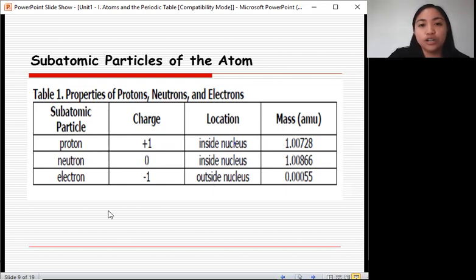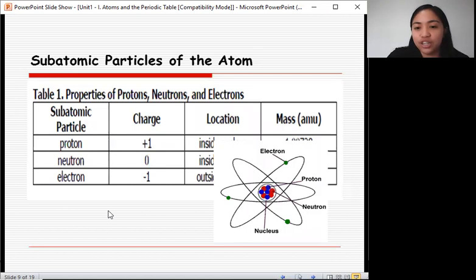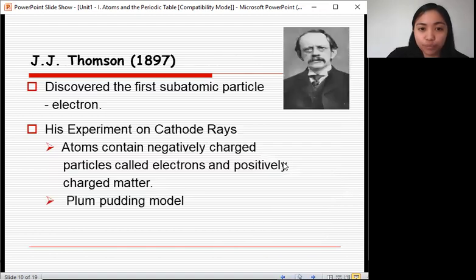So, para inyo nga ma-imagine or makita unsay dagway sa atom, so here is an example of an atom. So, makita ninyo, inside the nucleus, naa ang proton, naa ang neutron. Outside the nucleus, naa ang electron. Okay, so again, proton is positive charge, neutron is neutral or zero, electron is negative charge.